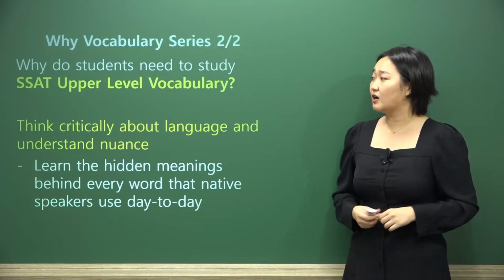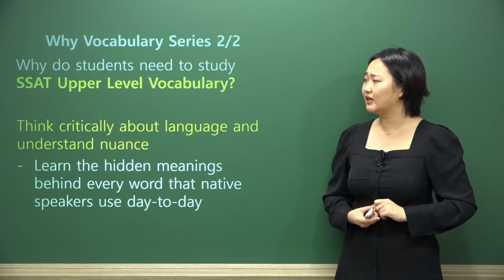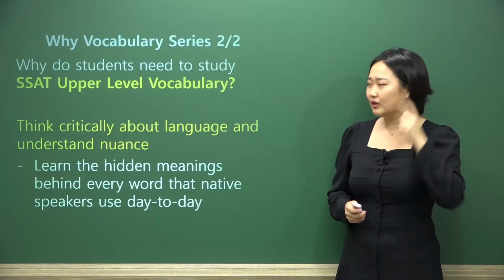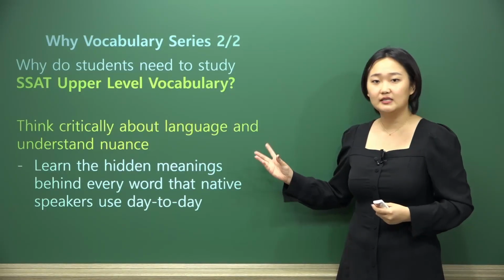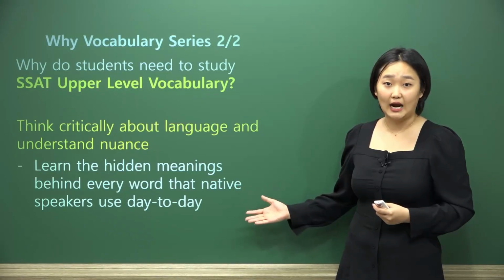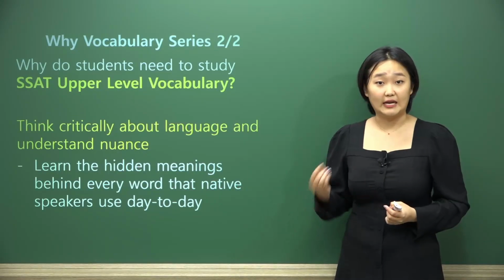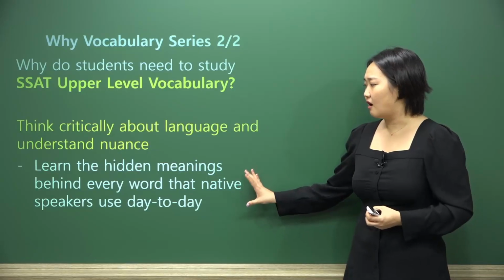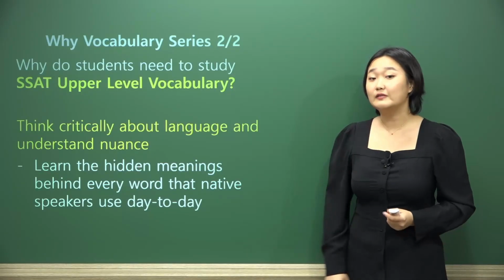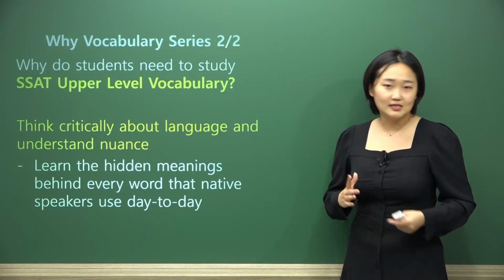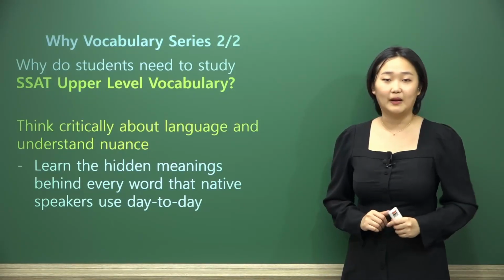Additionally, we want to talk about the SSAT upper level vocabulary because we want to be able to think really critically about language, but also understand nuance. This is a topic that goes throughout the entire lecture series, both middle level and upper level, specifically talking about the hidden meanings behind every word that native speakers tend to use day to day. This is not necessarily something that most people will talk about or teach.